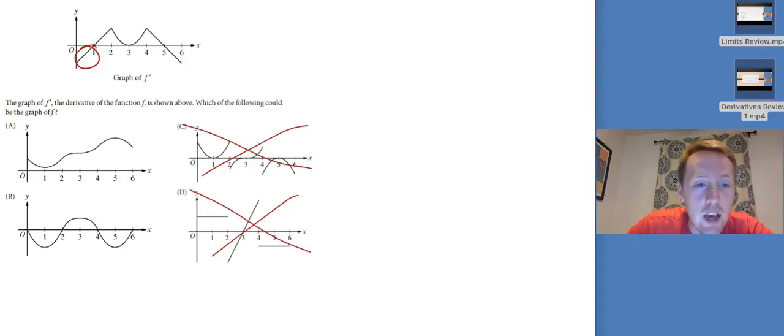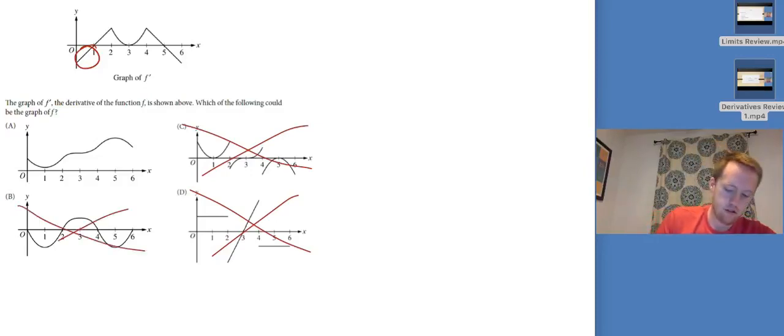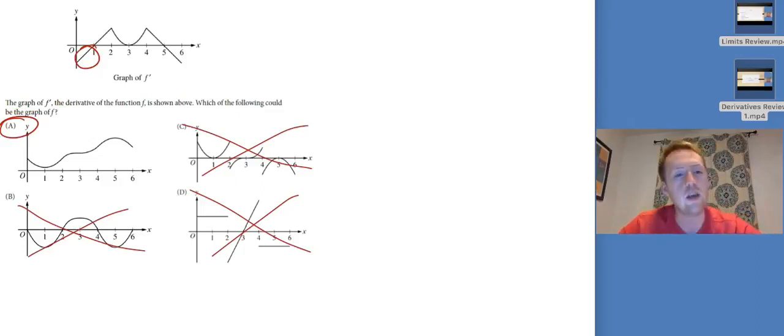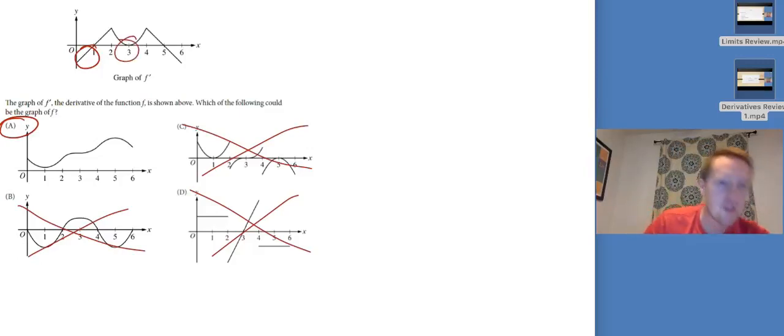But answer choice B has it decreasing. So that's wrong. Again, going through that quickly, I'm just looking at the signs of the derivative, which tell me if the function is increasing or decreasing. For this problem, 3 was the giveaway. I didn't have a max or min there. I didn't turn around. So it must be A.